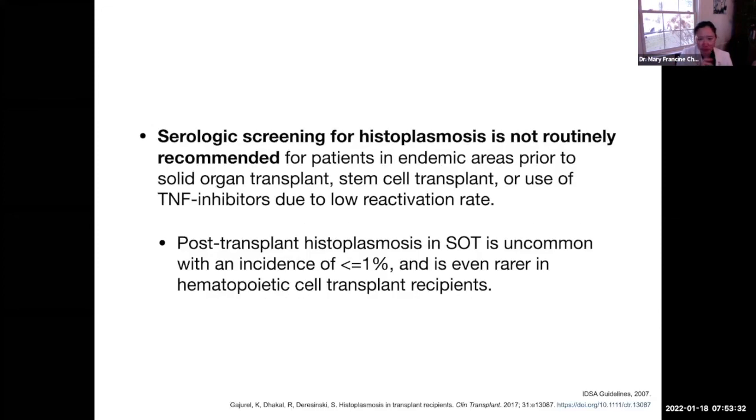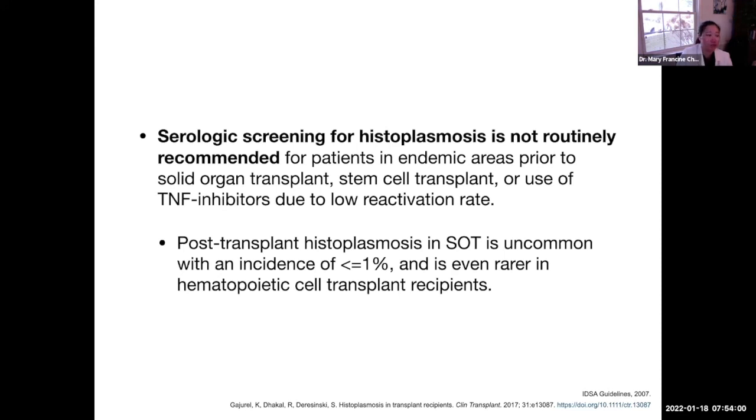Serologic screening for histoplasmosis, though, is not routinely recommended for patients in endemic areas prior to solid organ transplant, stem cell transplant, or use of TNF-alpha inhibitors due to the low reactivation rate. Actually, post-transplant histoplasmosis is uncommon, with an incidence of less than or equal to 1%, and is much rarer in hematopoietic cell transplant recipients.